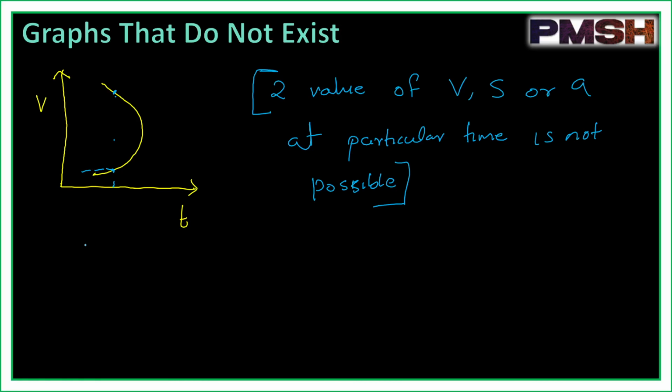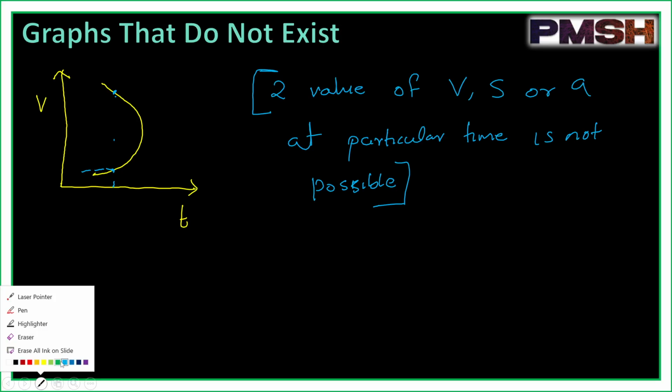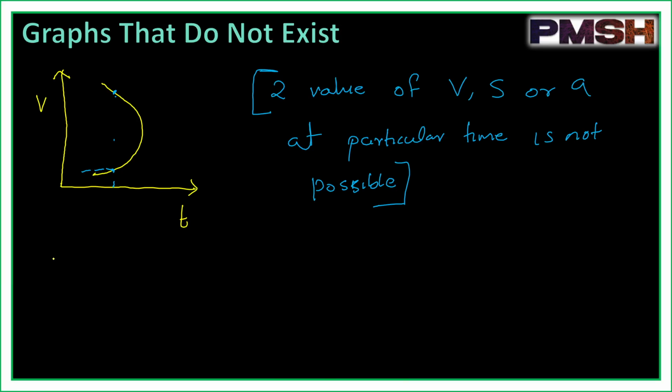Now let us draw another graph. This is time, here is speed, and I'll draw the graph. This is the graph. So my question is whether this graph is possible.